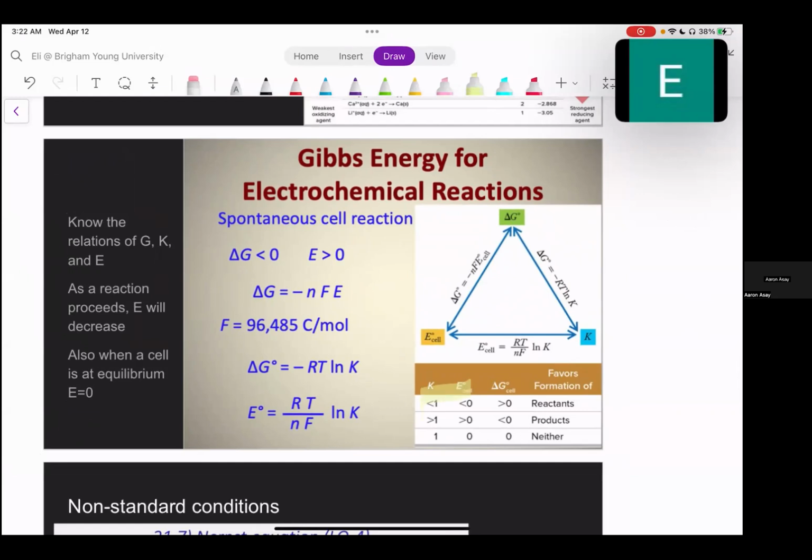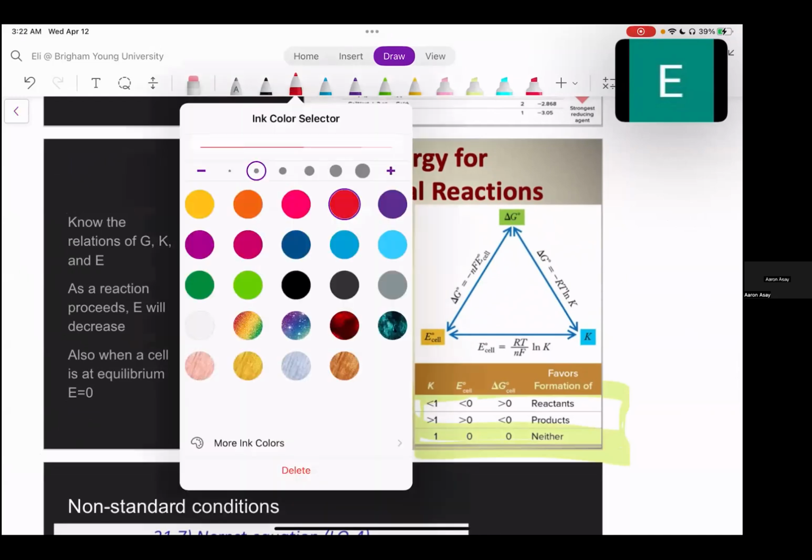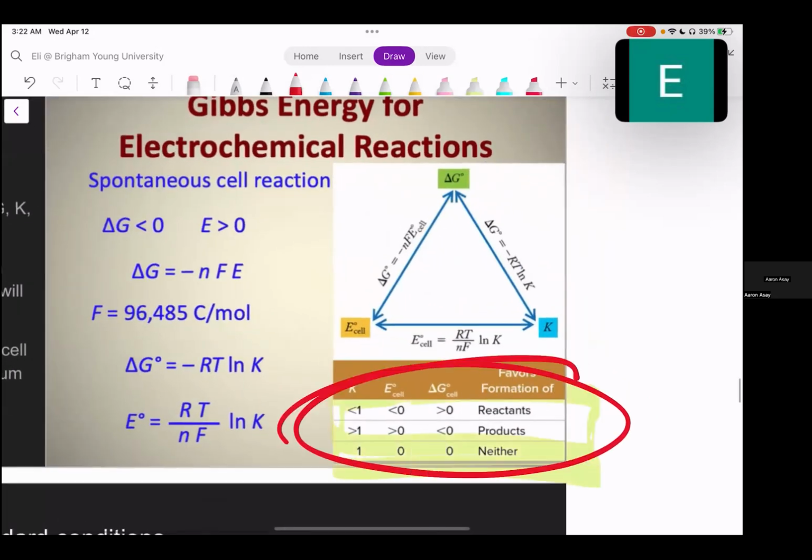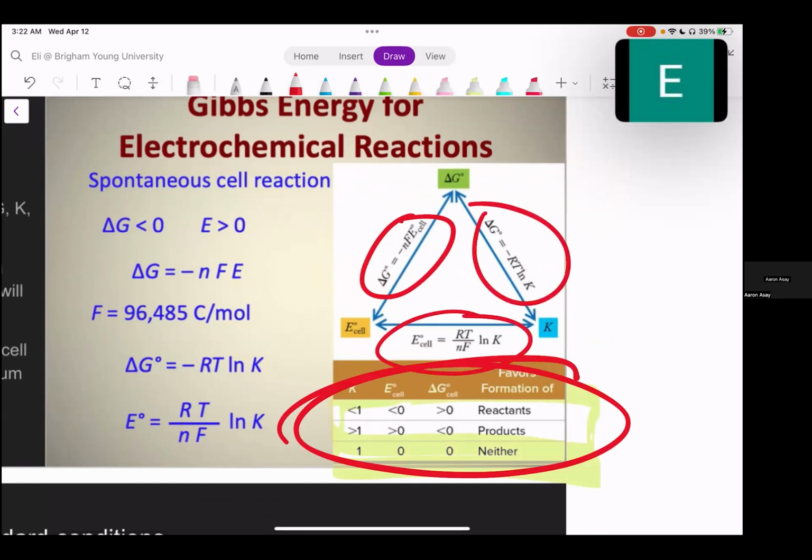I just want to draw your attention to this section right here. Understand how they all relate, and then know how to use these equations. There are tons of equations and tons of practice problems in your SmartWorks and in your book to get practice using these equations.